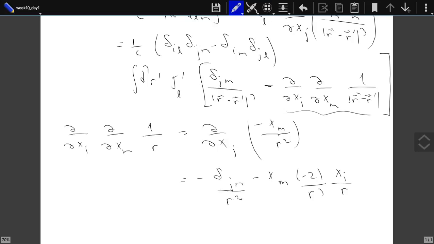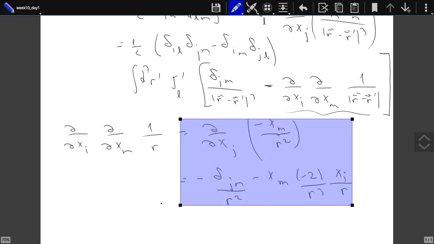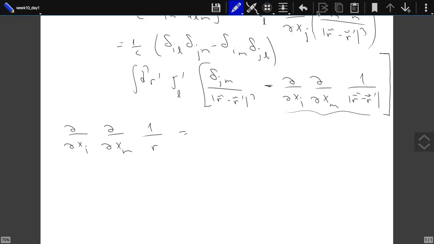Here I have an r squared. So this will be, do you agree? Now what I did was, should I do it more explicitly? Okay, let me do it step by step. From now on, I will be using index notation more often.